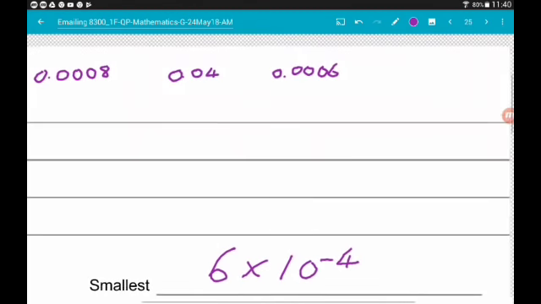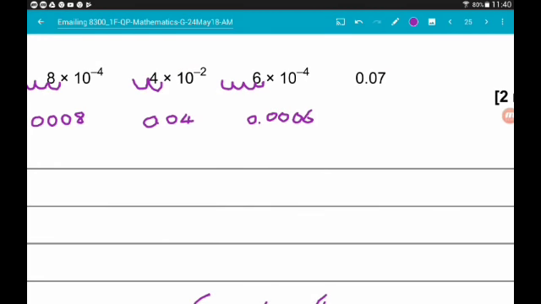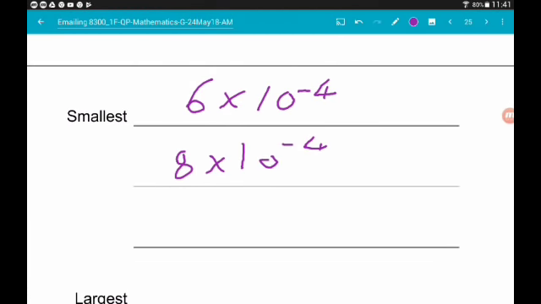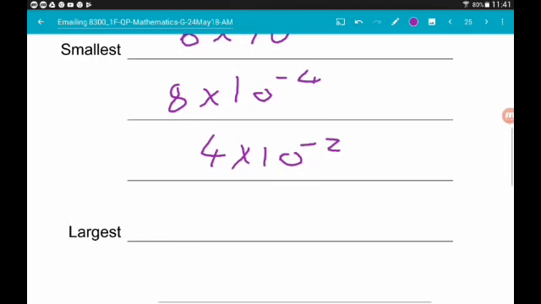And then it's between 0.04 and 0.07. So 0.04 is smaller. So that is 4 times 10 to the minus 2. And then we've got 0.07. Good times. Job done.